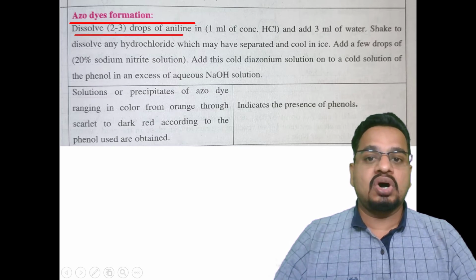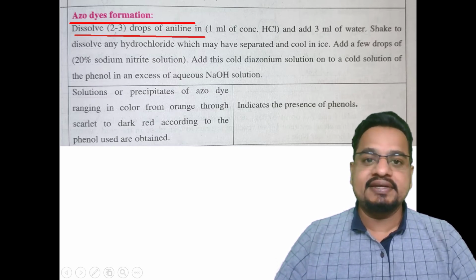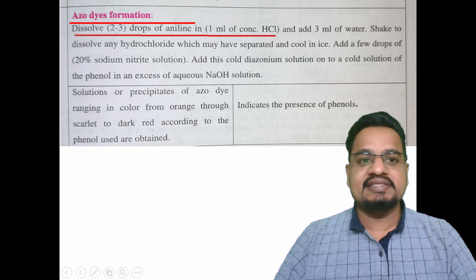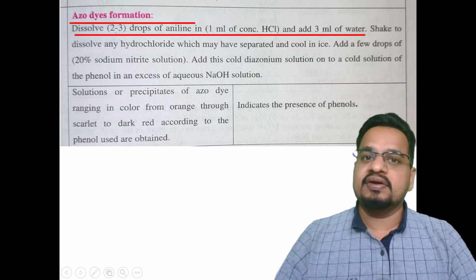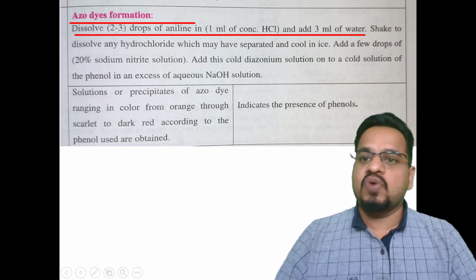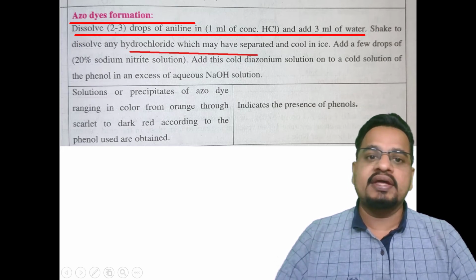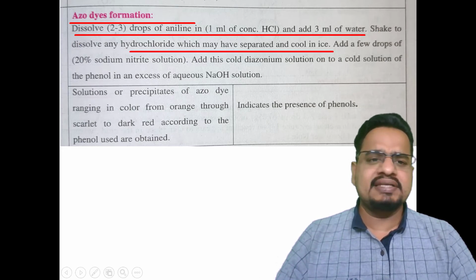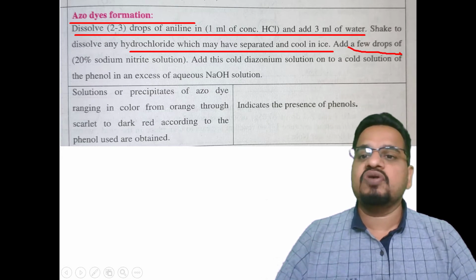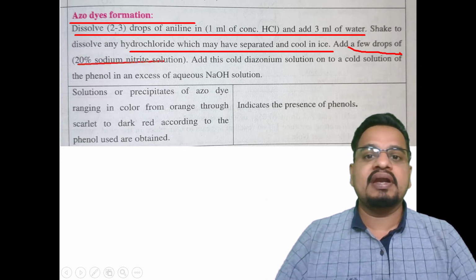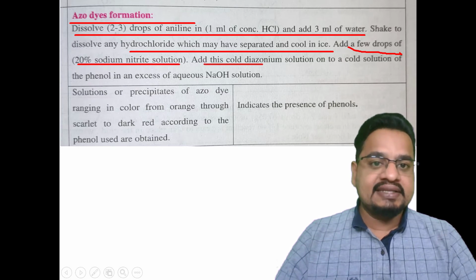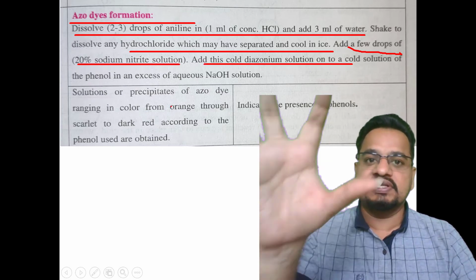Dissolve the aniline in concentrated HCl. In that you add a few ml of water. Shake to dissolve any hydrochloride which may have separated, and cool in ice. Then add a few drops of sodium nitrite solution, 20%.